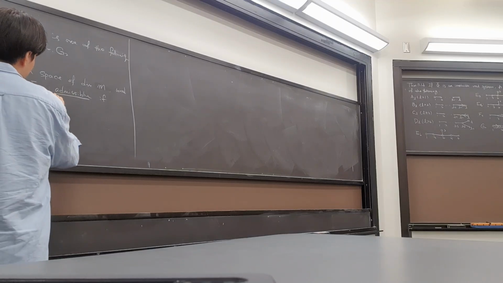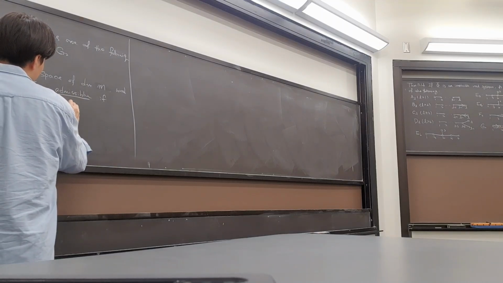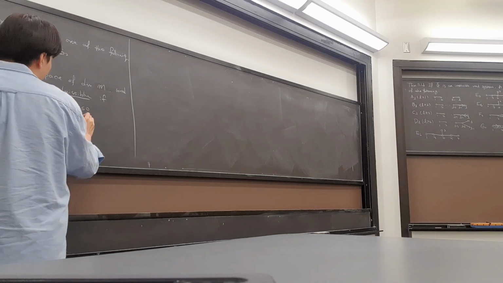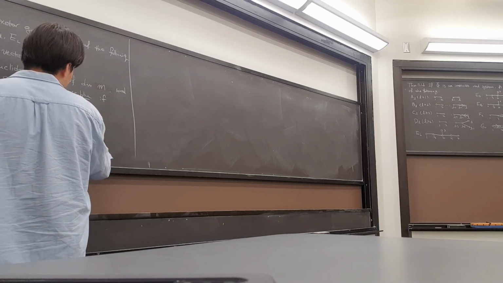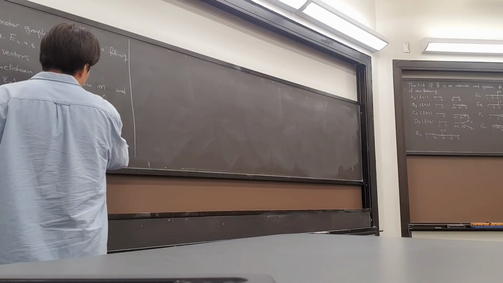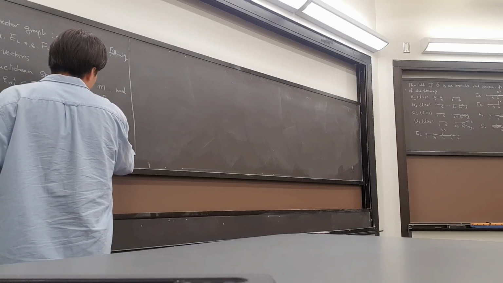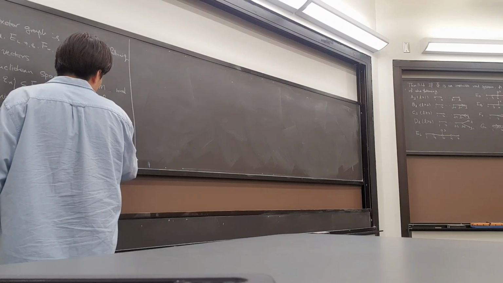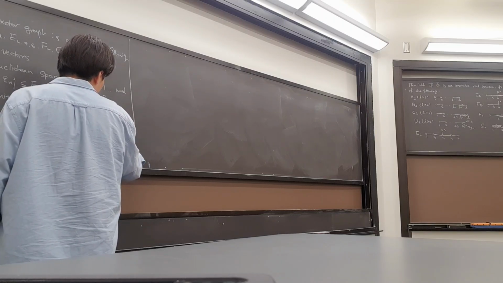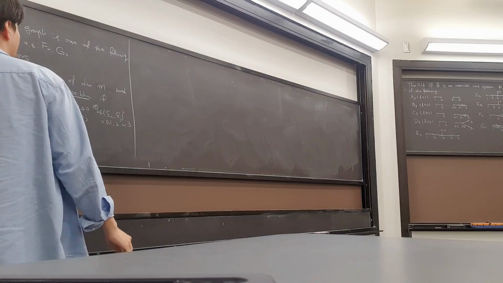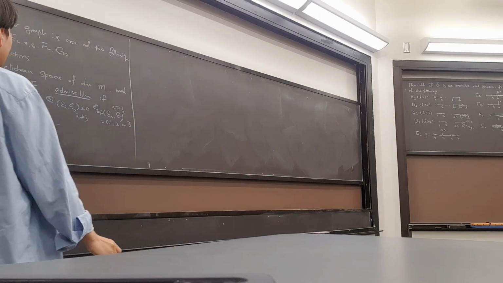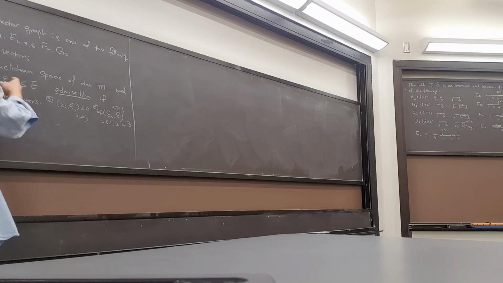And the third condition is (epsilon i, epsilon j) is less than or equal to 0 if i is not equal to j. And the fourth condition is 4(epsilon i, epsilon j) squared is 0, 1, 2, or 3, if i is not equal to j. So we call it an admissible subset.